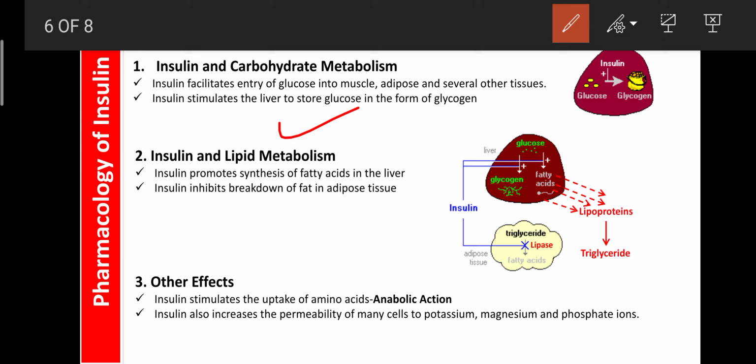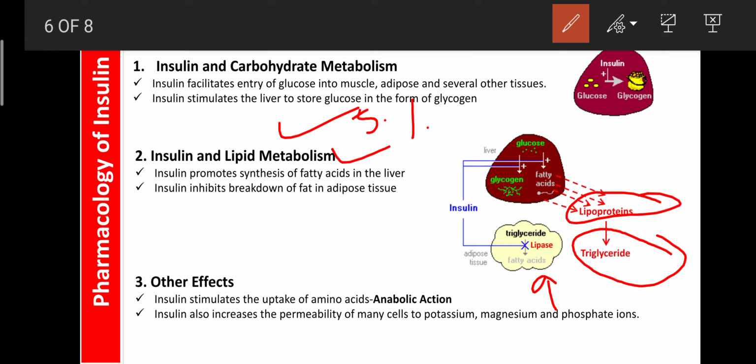So when the glycogen weight in the liver exceeds 5% of the total weight of the liver, at that time insulin stops the synthesis of glycogen, and instead it stimulates the formation of fatty acids from glucose, only in the liver. These are known as lipoprotein. They are released into the blood, then enter the adipose tissues, where they are involved in the formation of triglycerides.